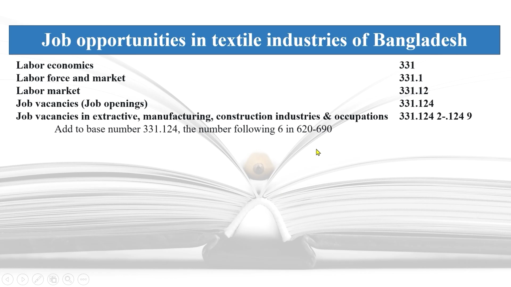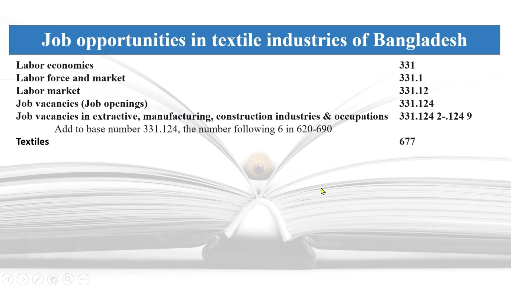As it is a manufacturing industry, the DDC has constructs within the number 620 to 690. The textile will be in 677.